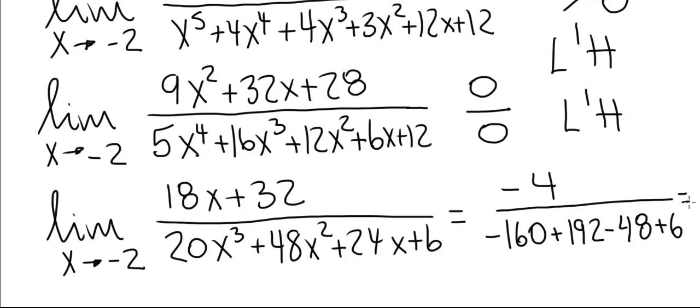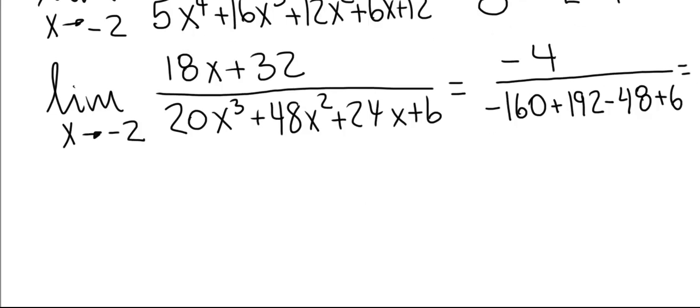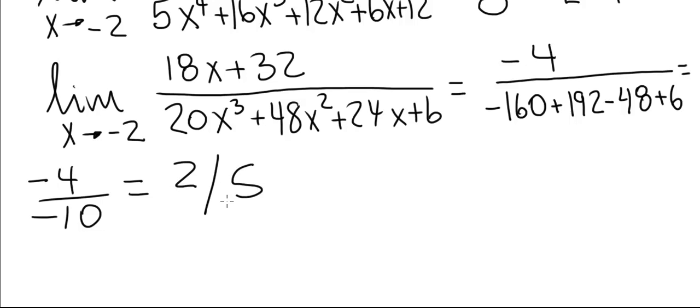So this is equal to, in the denominator, minus 208 plus 198, which is negative 10. So we end up with minus 4 divided by minus 10, which simplifies to 2 over 5.